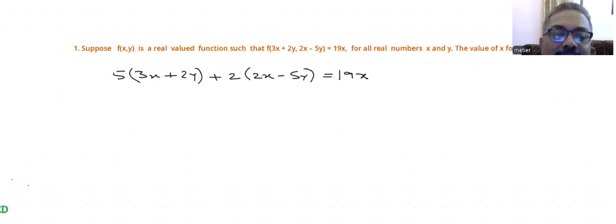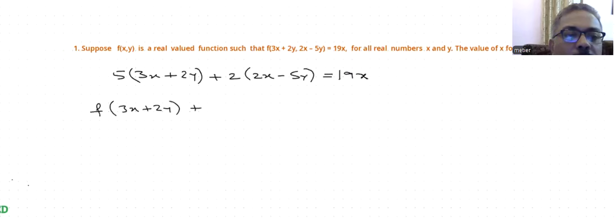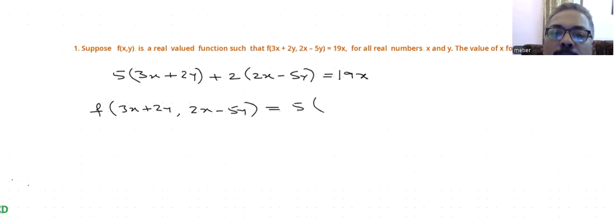So what we can easily write down now: let's do this. f(3x plus 2y, 2x minus 5y) is nothing but 5 into (3x plus 2y) plus 2 into (2x minus 5y).